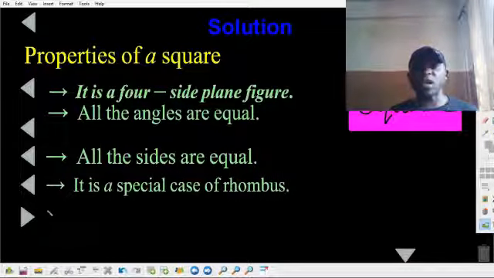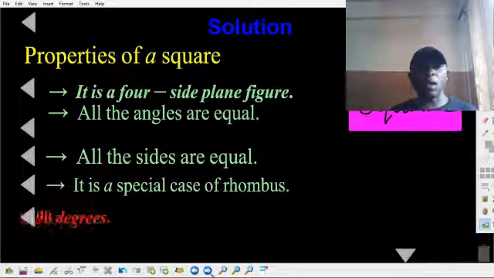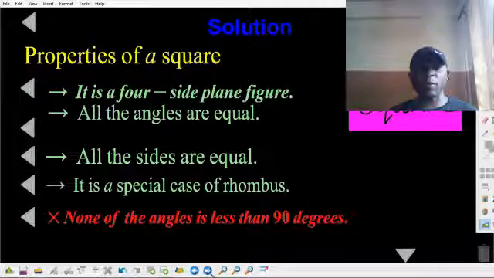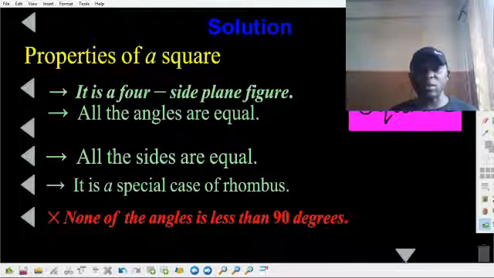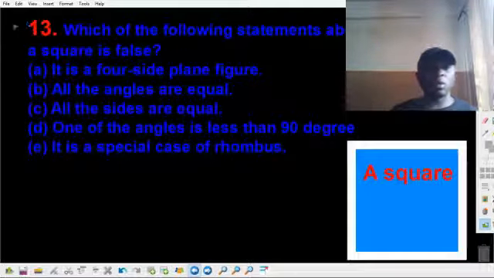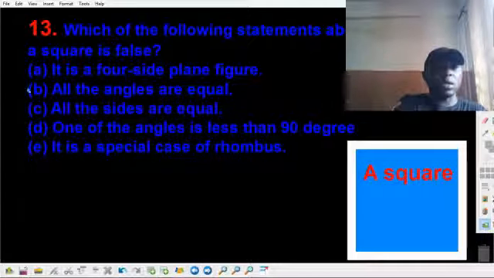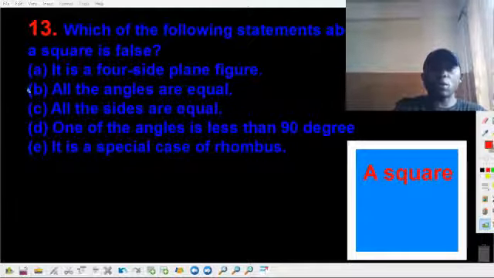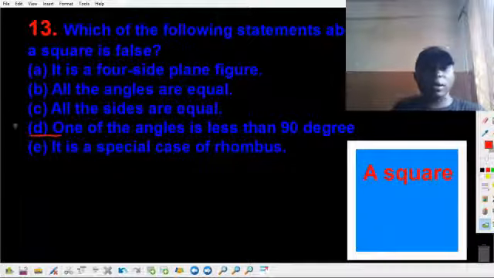It is a special case of rhombus. Now if all the angles are equal and we have an option that says none of the angles is less than 90 degrees, I don't think that is false, since all the angles are equal. So now let's look at our options. We have option D as our answer.